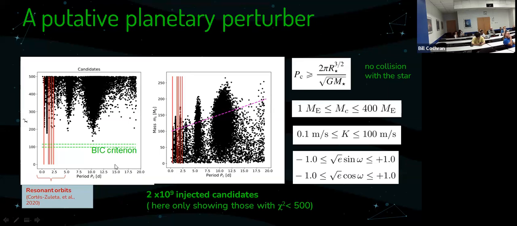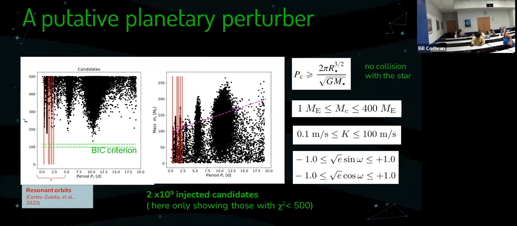And what you can basically see are resonant areas, areas in which it's more probable that the planet is there. Those are the areas where you see a lot of candidates. The red lines here are also resonant orbits, taken from a 2020 paper by Cortés and Zuleta, who also studied the residuals.